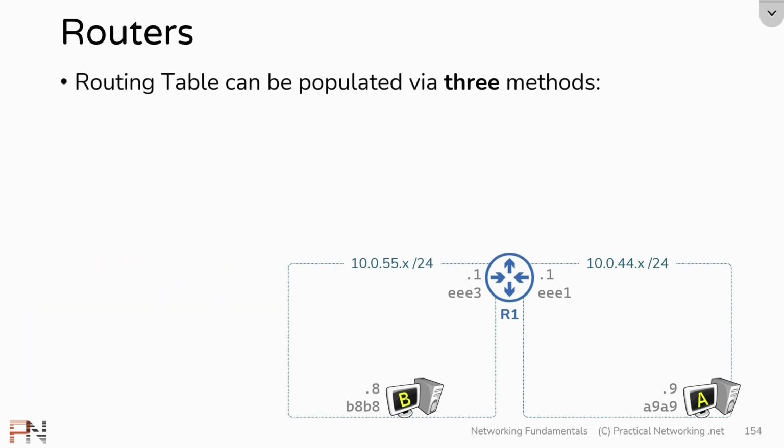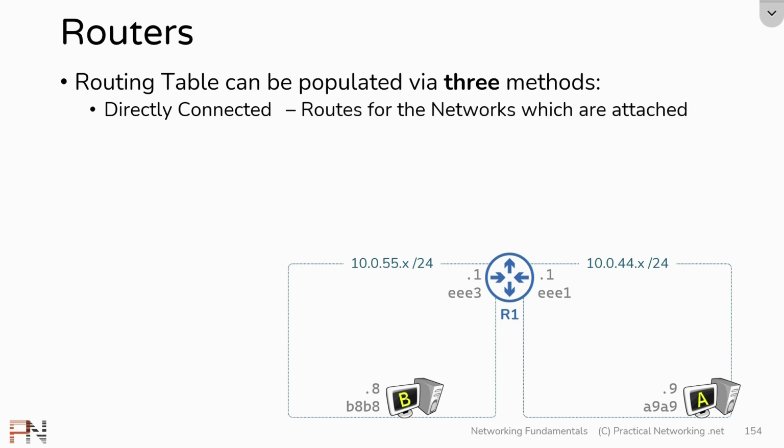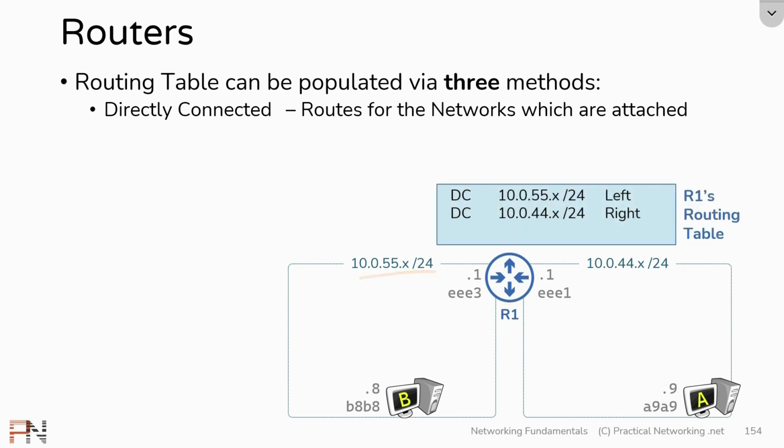There are three ways that routes can be populated in a routing table. The first method is what's known as directly connected. A directly connected route exists for every network that a router is directly attached to. In the case of R1, R1 is directly connected to two different networks, and therefore will have two different directly connected routes in its routing table.